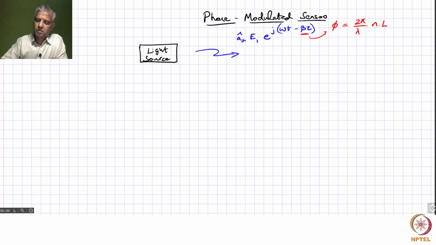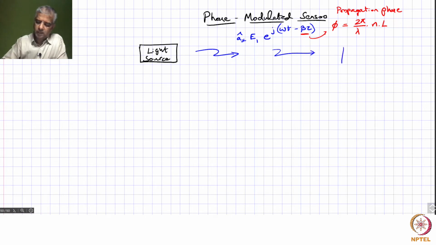We want to be clear, this is the propagation phase, and that is typically what we are interested in: what is the modulation in the propagation phase because of certain perturbations that may be happening in this medium. And when it comes to actually detecting this phase, there are certain challenges.